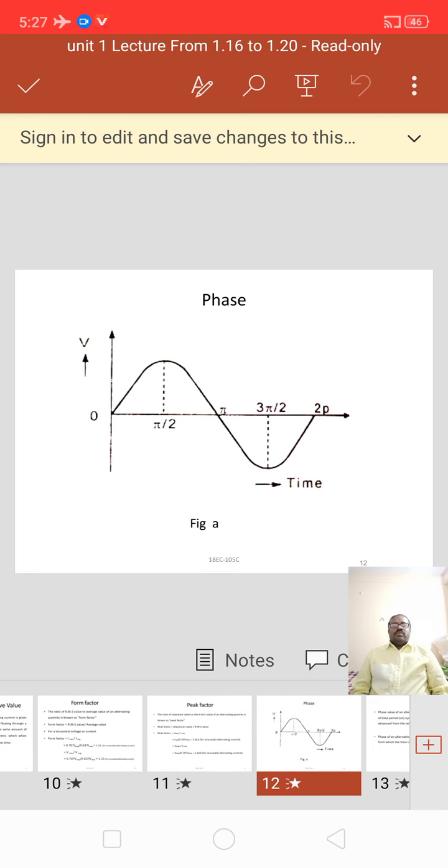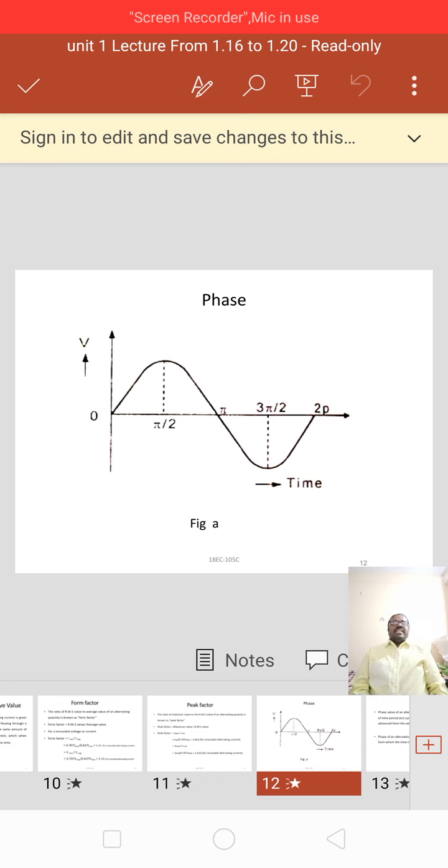Now the concept of phase. Generally the phase is the angle of the voltage and current corresponding to the zero value. Here in the figure, the y-axis corresponds to voltage and the x-axis corresponds to time period.